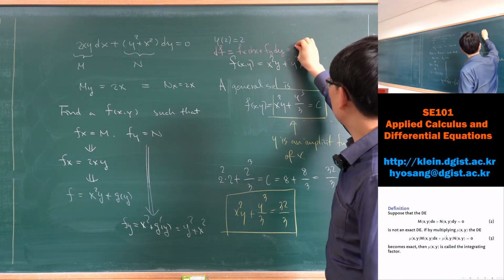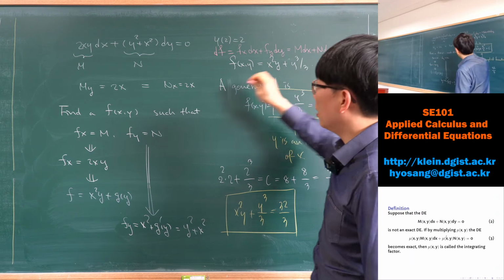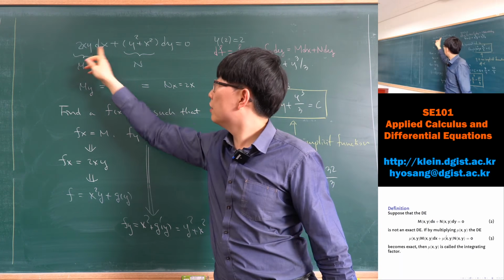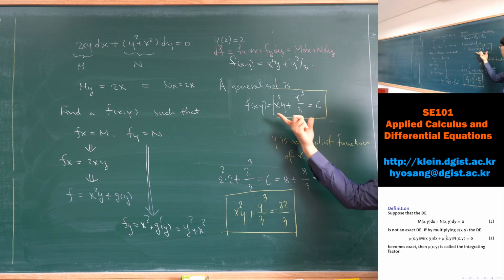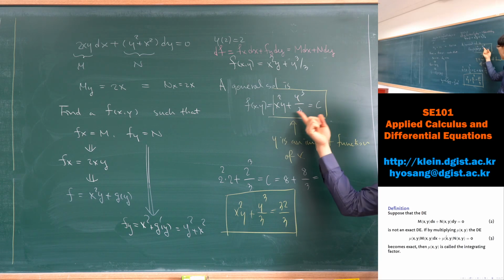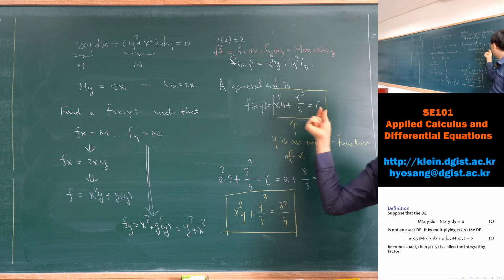So this is exactly the same as M dx plus N dy, where M and N are in this formula.